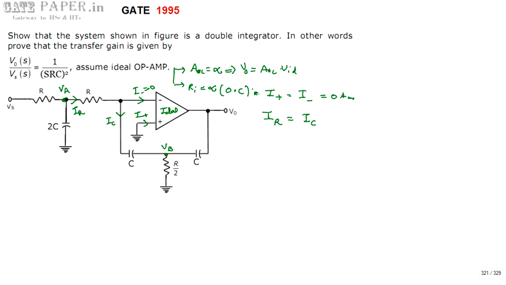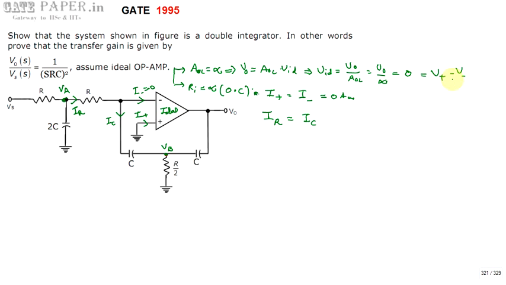V0 is equal to AOL into VID, so VID is equal to V0 divided by AOL, that is, V0 divided by infinite. Something divided by infinite is always 0, and VID, the input differential voltage, is the difference between the voltages at the non-inverting terminal and the inverting terminal.